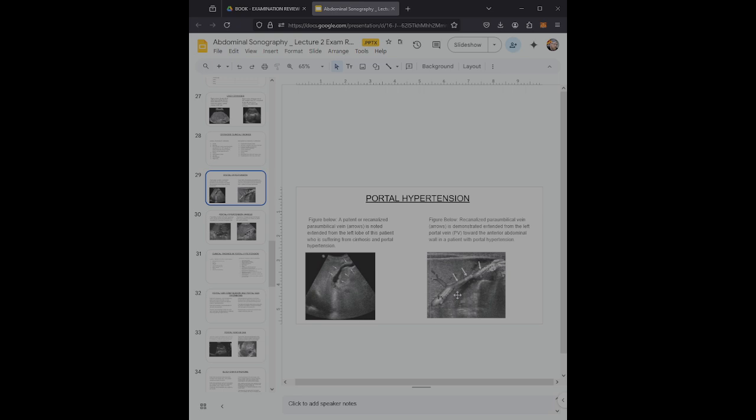So this would be a color Doppler image, and it shows the paraumbilical vein being recanalized and extending from the left portal vein, there you are, left portal vein, towards the anterior abdominal wall in this patient with portal hypertension.